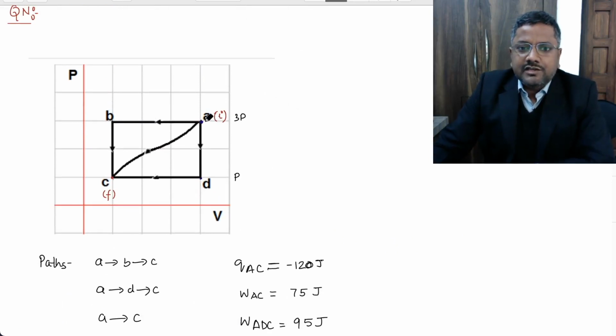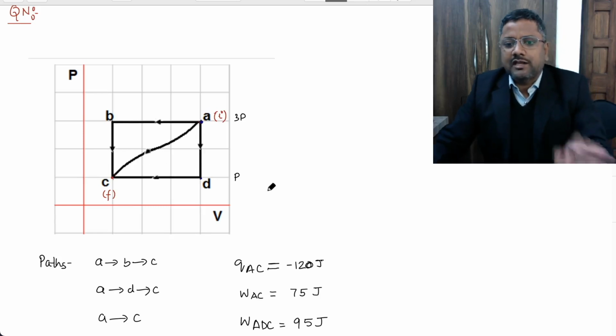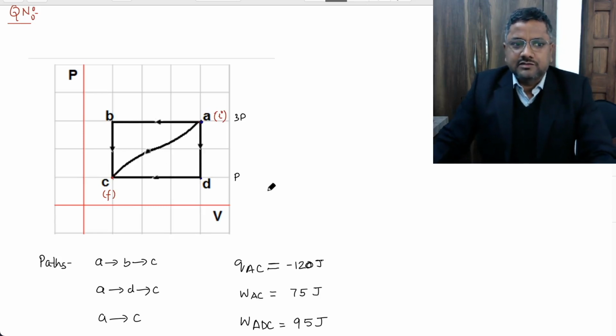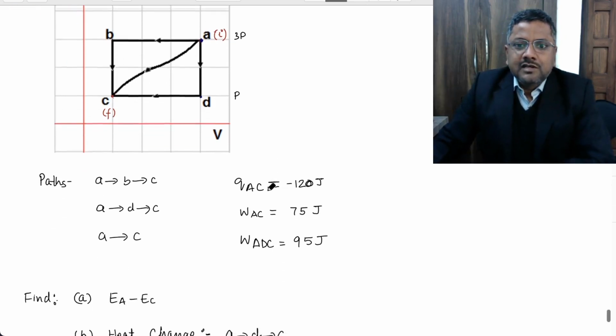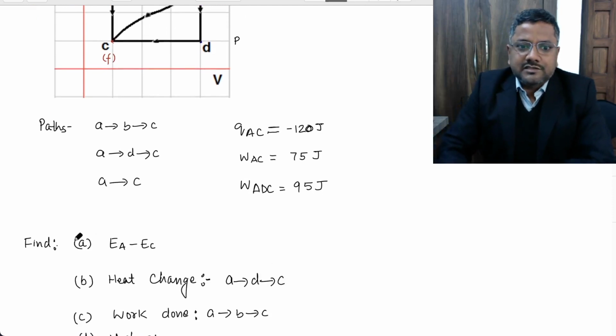Whether you move along this path, or this path, or any path, if you reach here, the internal energy is the same. So we can write delta E A to C is equal to delta E ABC is equal to delta E ADC, as the property of a state function. Hopefully it is clear to all of you. Okay, the first part is done.